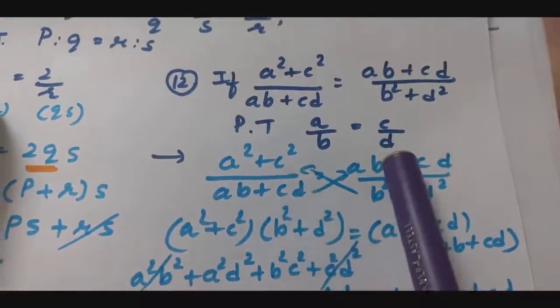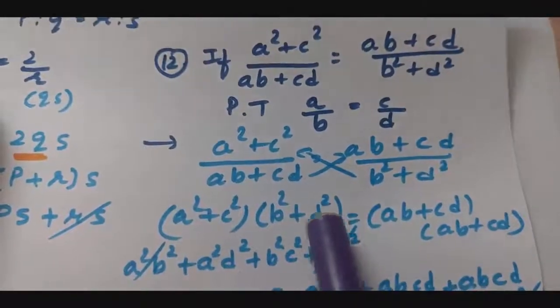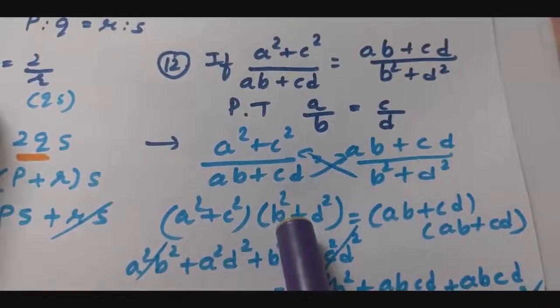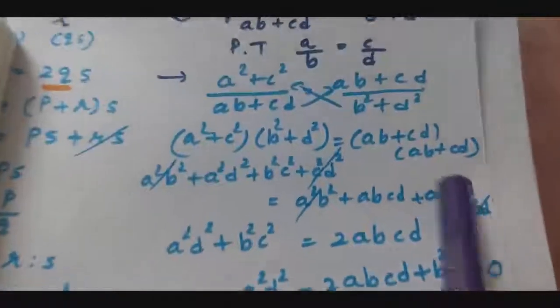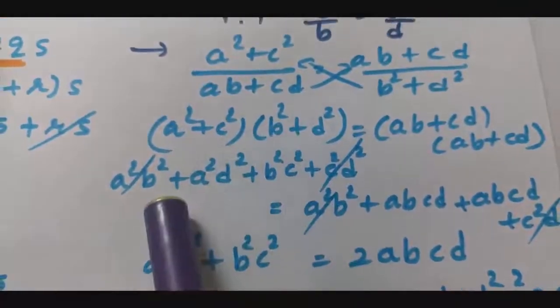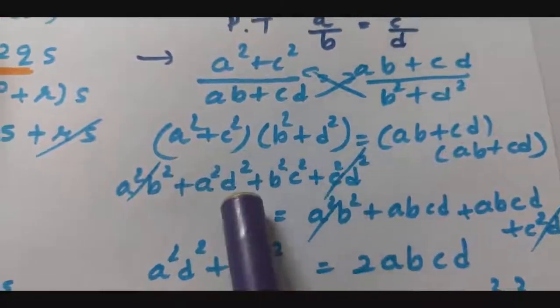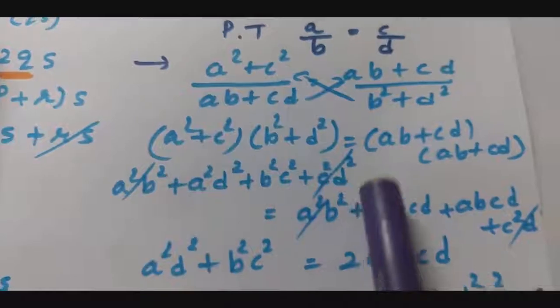Now we will take cross multiplication. So we can write next step A square plus C square into B square plus D square and the other two terms together. Now taking binomials multiplication, A square into B square, A square D square plus B square C square plus C square D square.